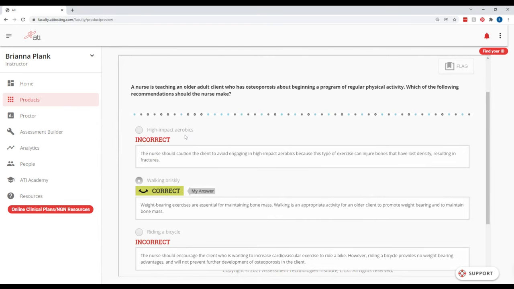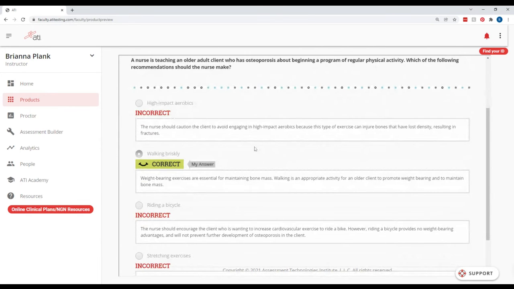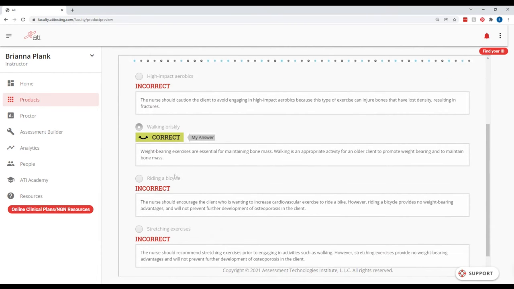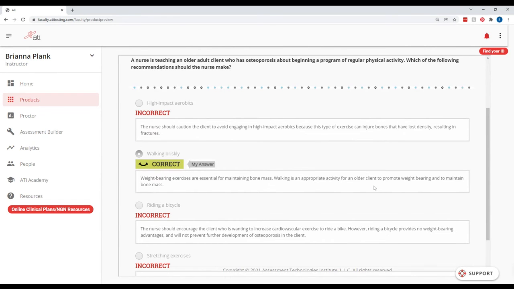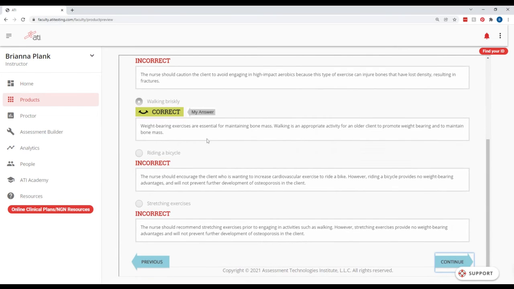High impact aerobics, we don't want high impact. I want them to actually probably go swimming, but walking briskly, that's great. We're going to promote weight bearing to help with the bone strength. So walking briskly is a good way to maintain the bone mass. Strength training doesn't really do anything.